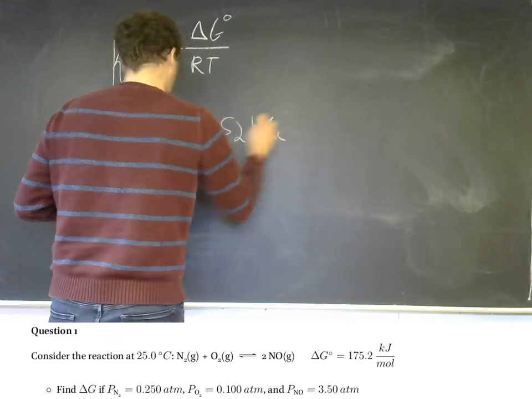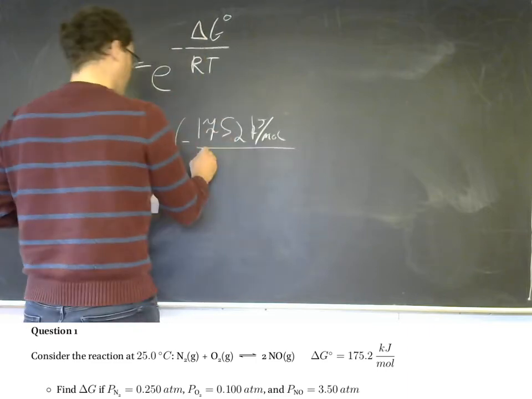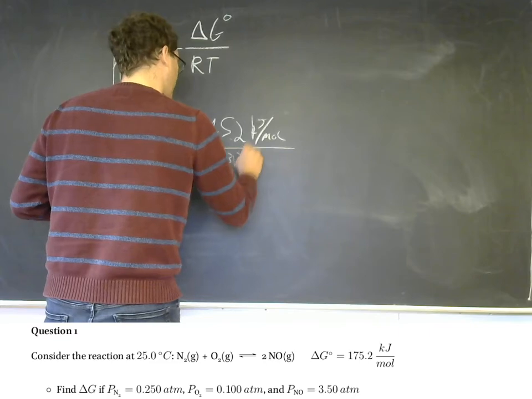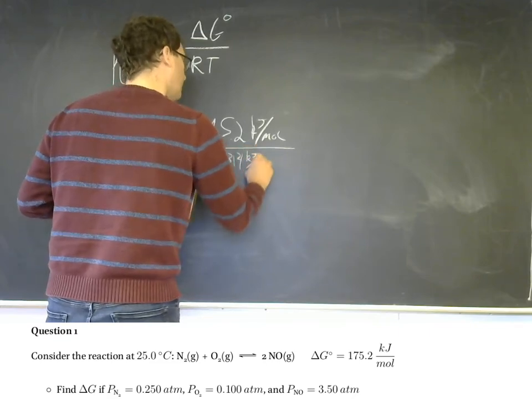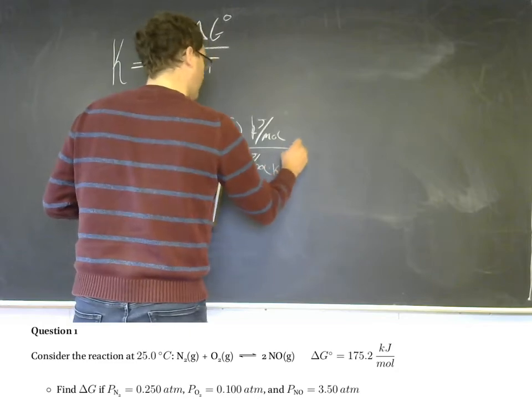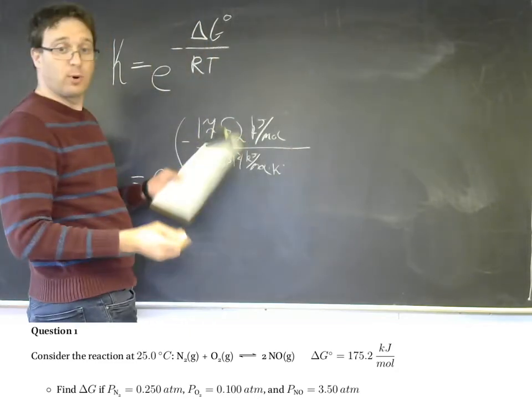kilojoules per mole over again 0.008314 kilojoules per mole Kelvin times the 298.15 Kelvin.